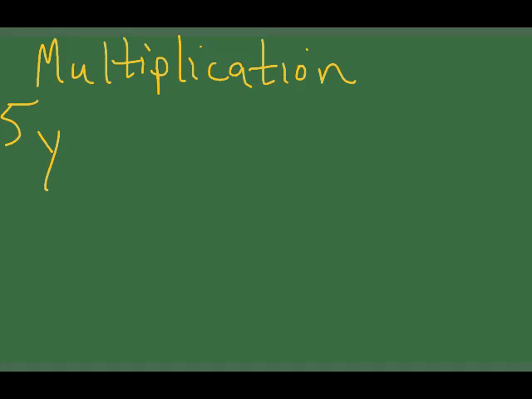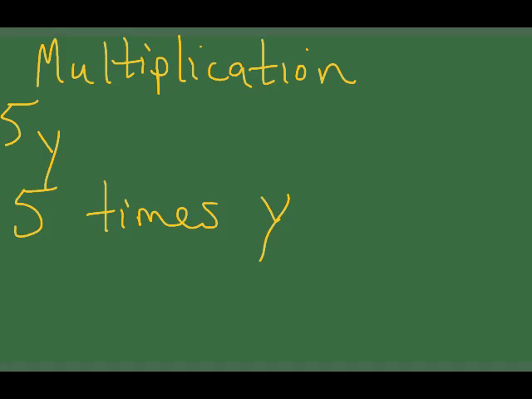And what we should do is write down possible word phrases for multiplication. A couple of word phrases that can work for this variable expression, 5y, are these two options. One is 5 times y. That's a word phrase to go with that variable expression.